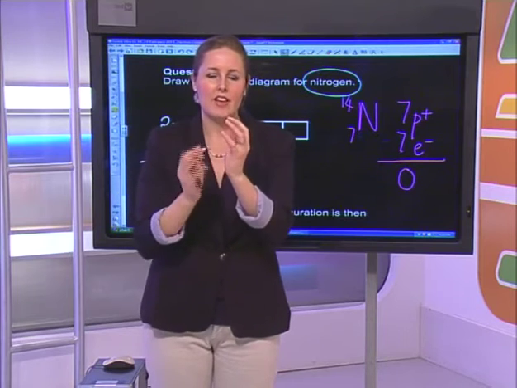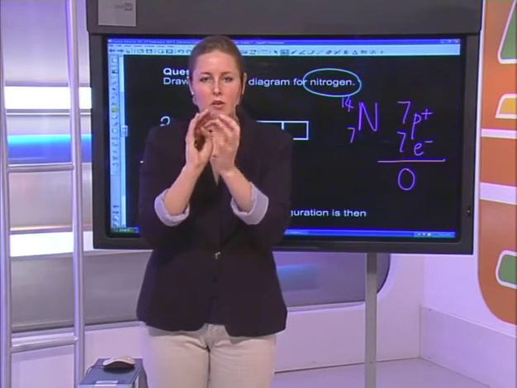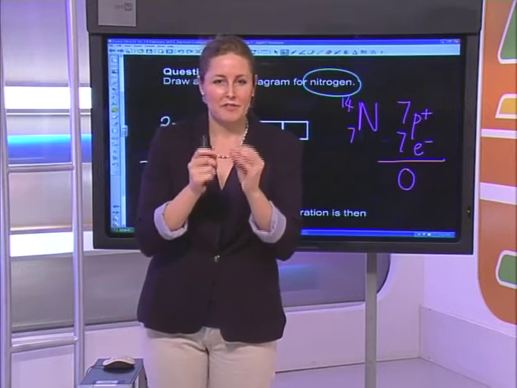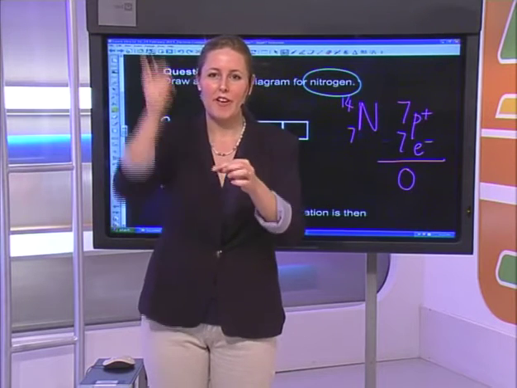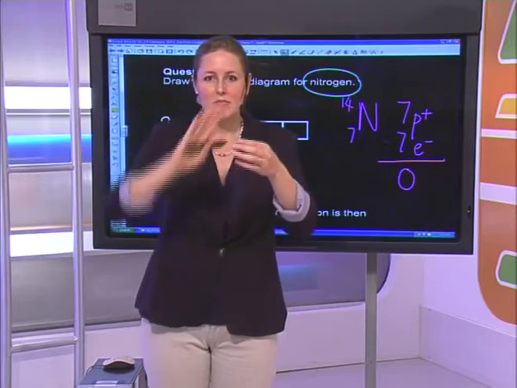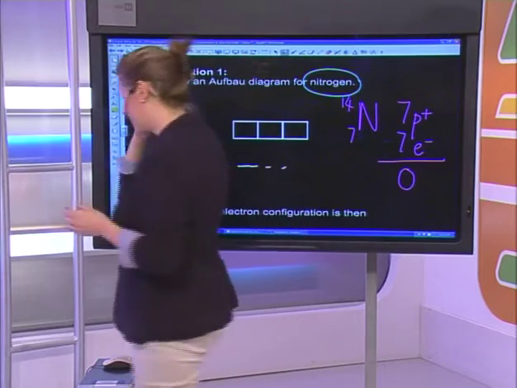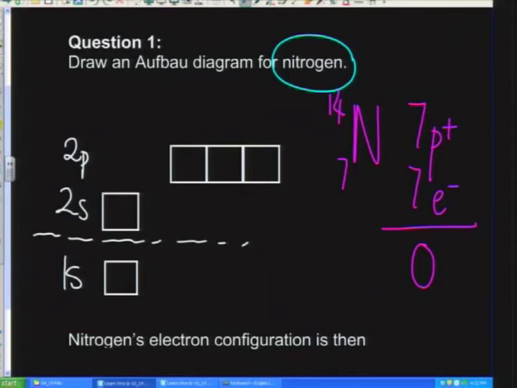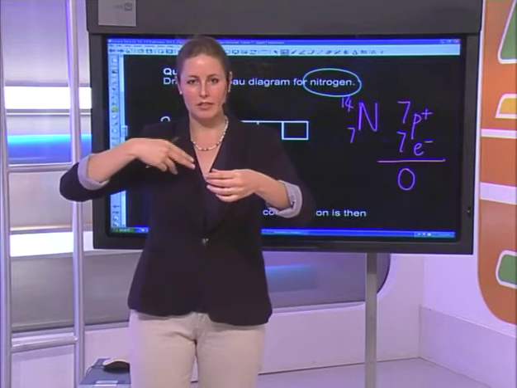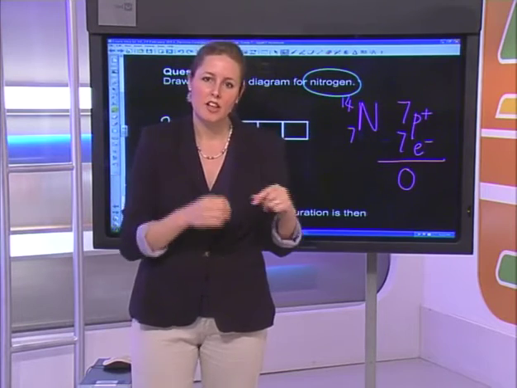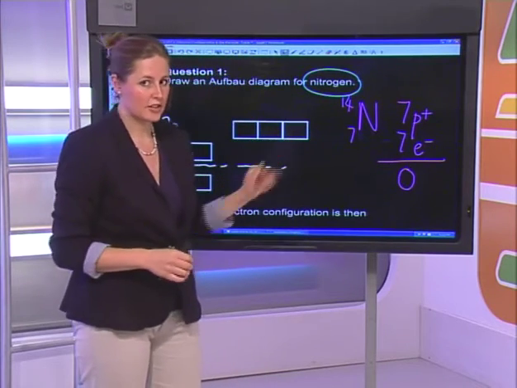The p is a very interesting shape, like a figure of 8 or a dumbbell shaped figure. You'll notice there are 3 of them: up, down, left, right, and forward and backwards. So these 3 p orbitals together can carry 6 electrons.